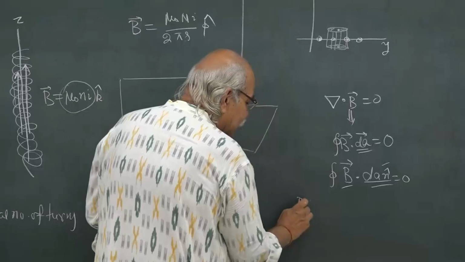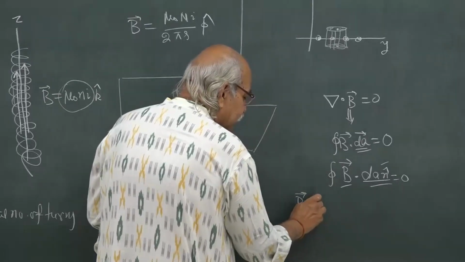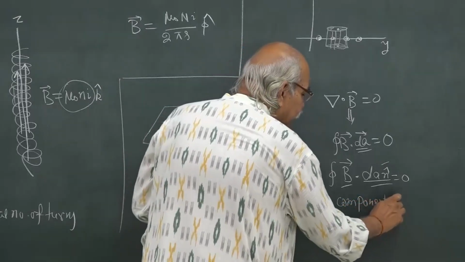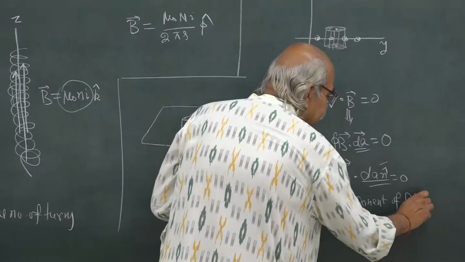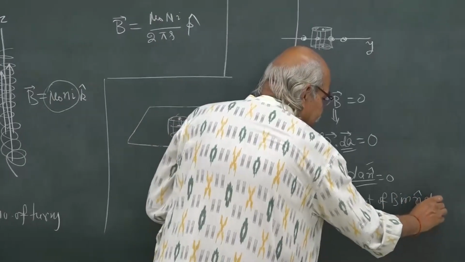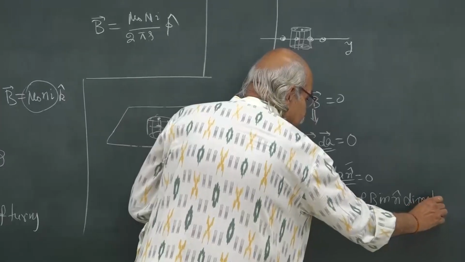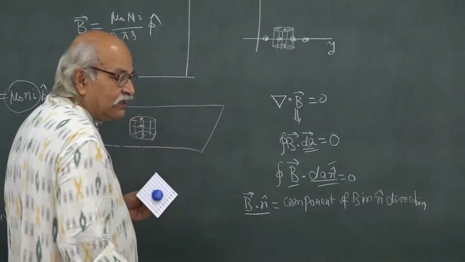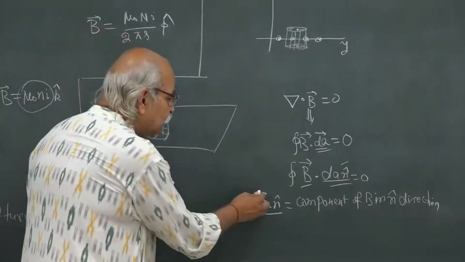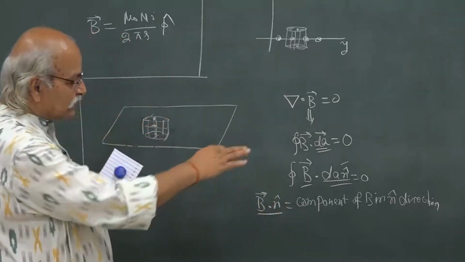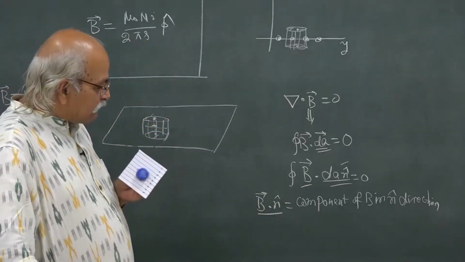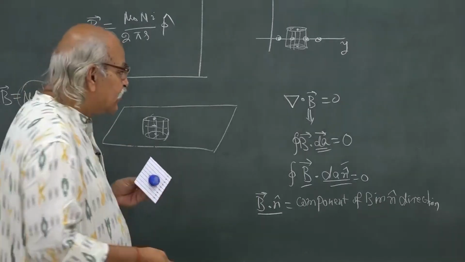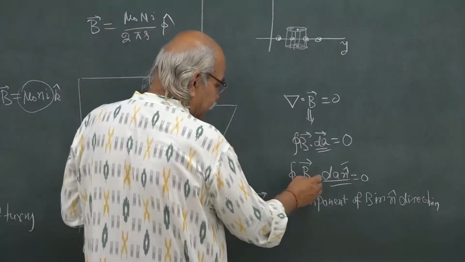What is this? B dot n cap is the component of B in the n cap direction. n cap is the unit vector. So, B dot n cap will be just B into cos theta. So, that is the component of B in the n cap direction, and since I am calling it side 1, let me write it B1.